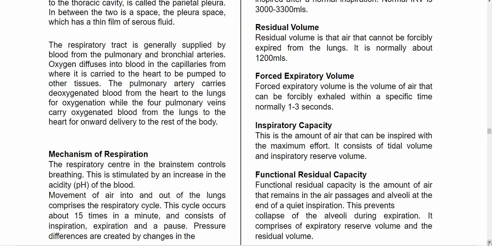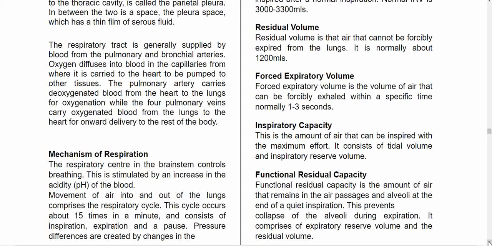So the same applies here. When we have difficulty in breathing, the carbon dioxide will increase, and therefore the acidity of blood will increase. When this blood passes over the brainstem, the pH will be detected, and therefore there will be stimulation of breathing receptors, and all this will trigger an increase in respiratory rate.